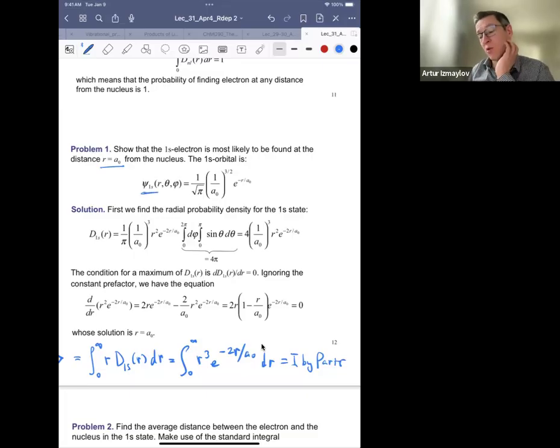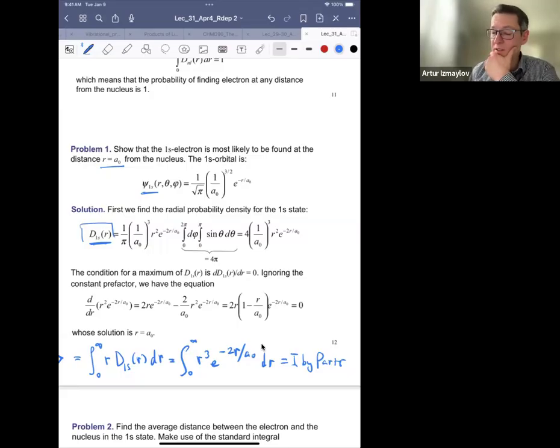And the solution is, how do we really find the distance that is the most probable? We want to find the maximum of this D function. So that's the most likely position on a radial coordinate, where you find the maximum of this D function with respect to r, right?